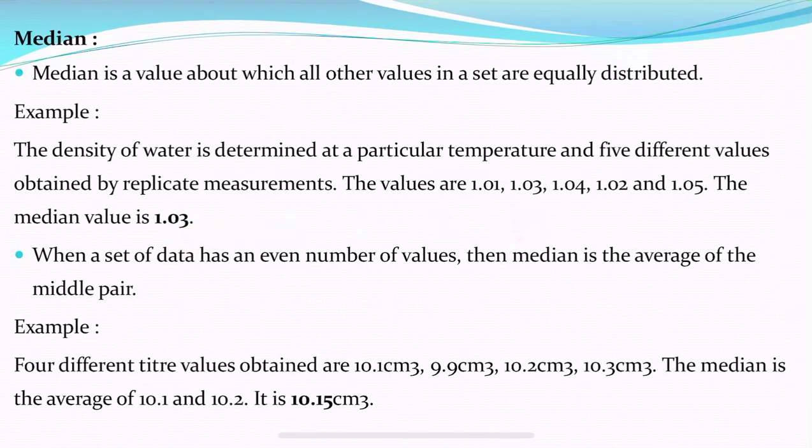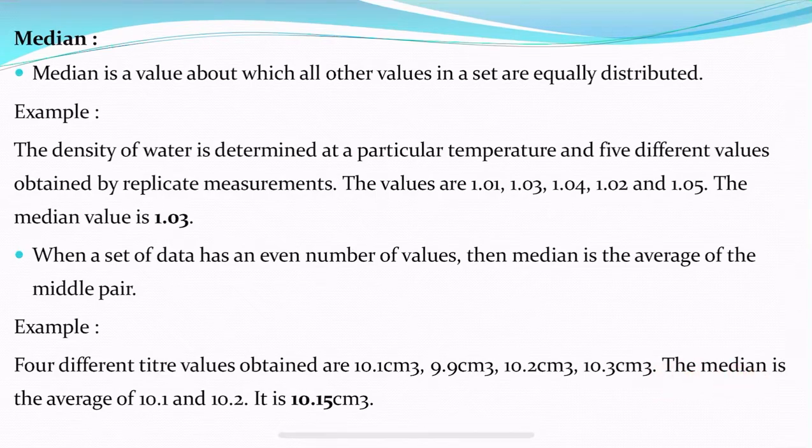When a set of data has an even number of values, the median is the average of the middle pair. Here the average of the middle pair is 1.03.